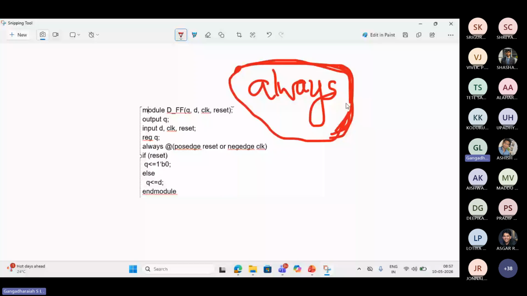Without always, you cannot use clock at all. To make a circuit active all the time, we are under the impression that clock is required. So to use a feature which is all the time available with a circuit, we need a syntax which is always.